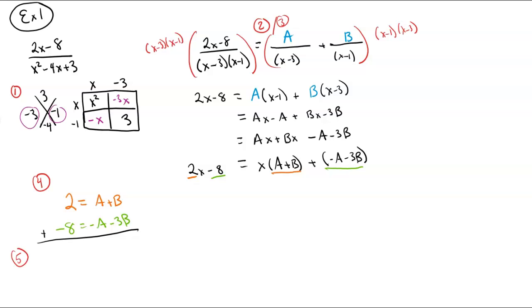I don't actually have to manipulate it because my a's are opposites of each other. So this will just give me negative 6 is equal to, my a's cancel out, negative 2b, so b is equal to 3. Once I find b, I can plug it into either one of the equations, and I get my a value, negative 1.